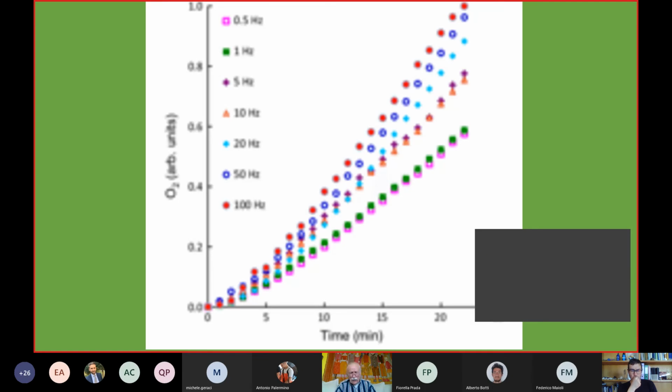And this is something from our laboratory showing the dramatic increase if you chop the light, if you expose the algae to different frequencies of fluctuating light.